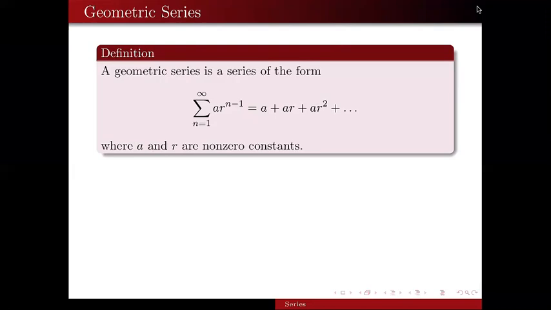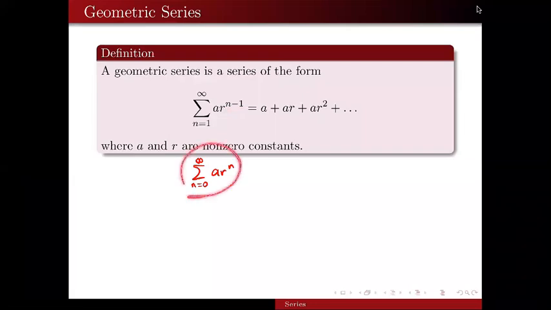Sometimes you will see something like this: the sum of a r to the n, n starts from 0 up to plus infinity. They are the same. Look, when n equals 1, because you start from 1, you have r raised to 1 minus 1. That's r to the 0, correct? When n equals 2, you have 2 minus 1, that's r to the 1.